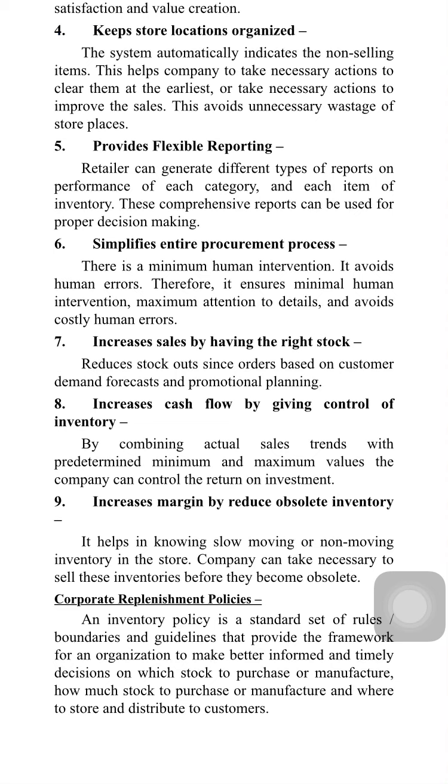Next one is increases sales by having the right stock. As I said, you all reduce stock out since orders are based on customers' demand forecast and promotional planning. As I said, if there is a sale in that particular product, then you'll come to know which product is having a huge sale.